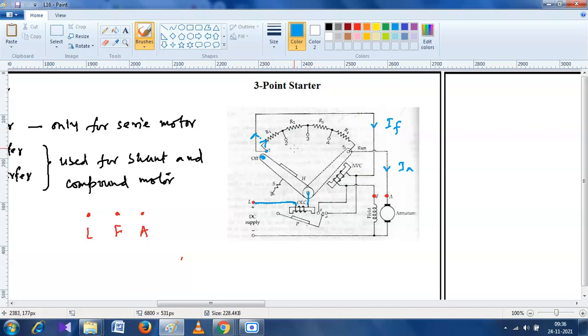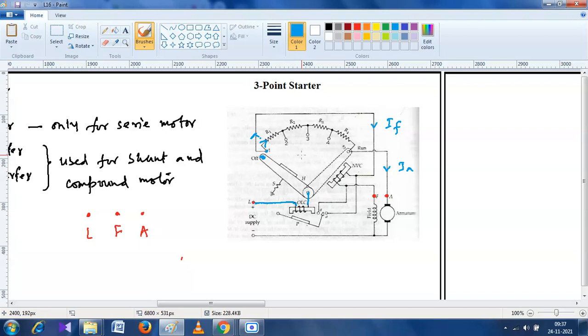So tell me first, when the lever position is 1, the armature current will flow through how many resistances? Manish, Deepak, Ayush, tell me, when the lever position is 1, how many resistances are in the armature path? 4. 4. That means we can say a high resistance is inserted in the armature path, and there is no resistance in the field path.